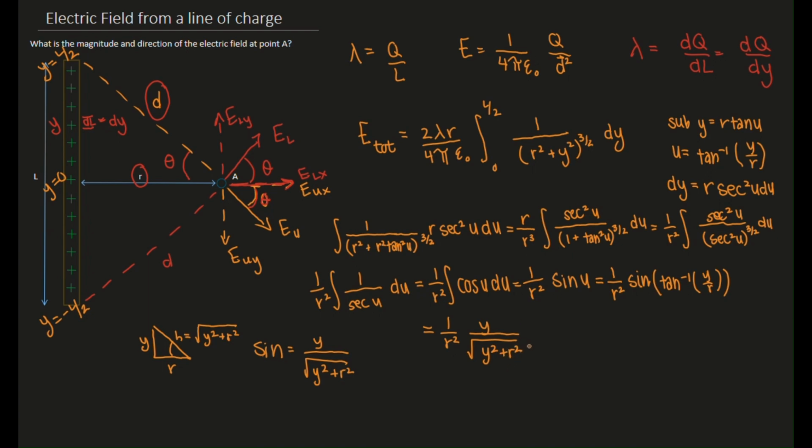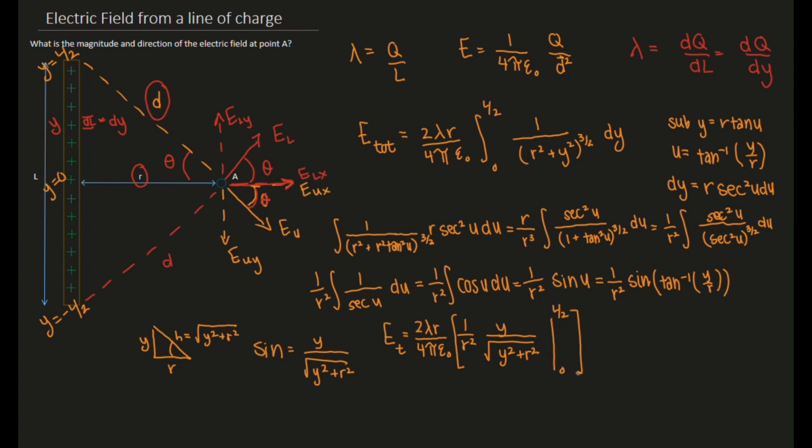Now I just apply the constants and the range that I was evaluating this at. So let's apply that. My total electric field is equal to 2 pi r lambda over 4 pi epsilon naught, multiplied by this evaluated from 0 to L over 2.